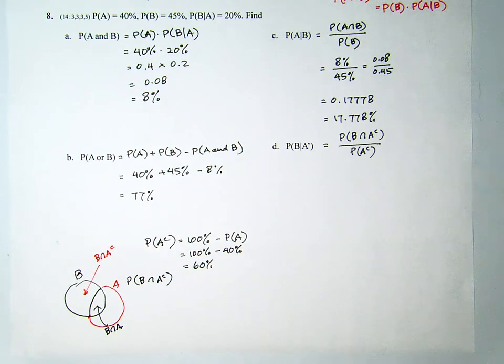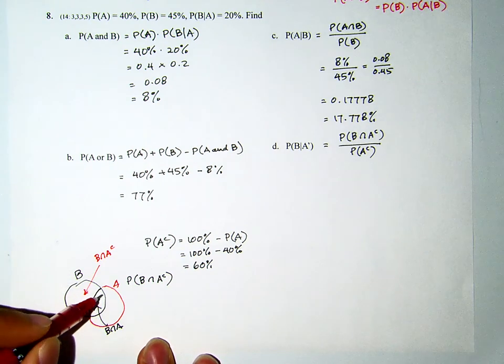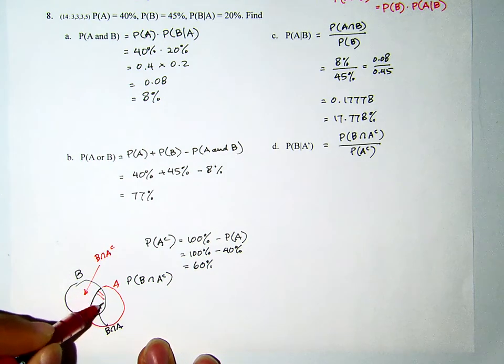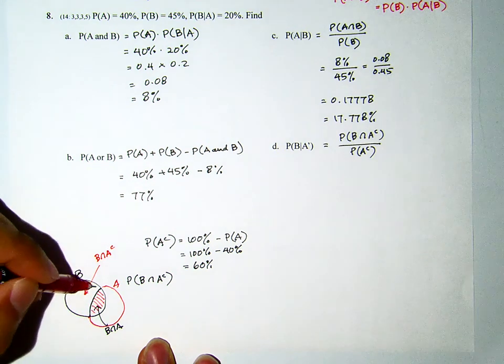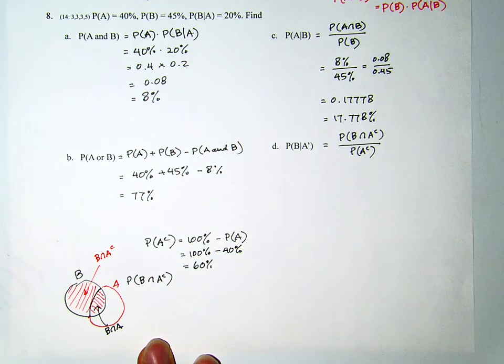In other words, event B is built on the one that intersects with A and the one not intersecting with A, right?